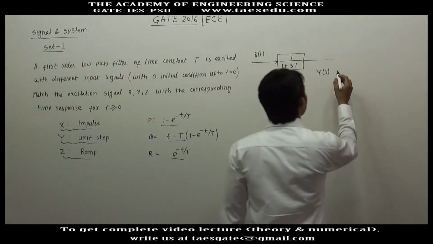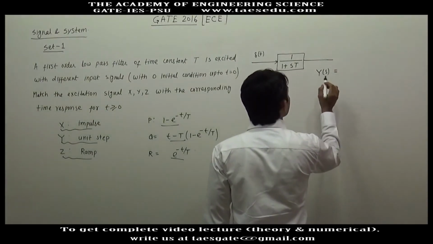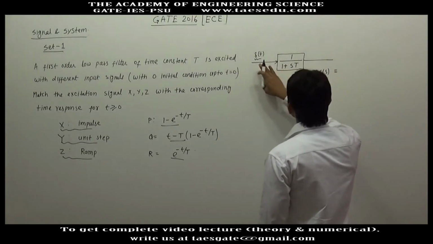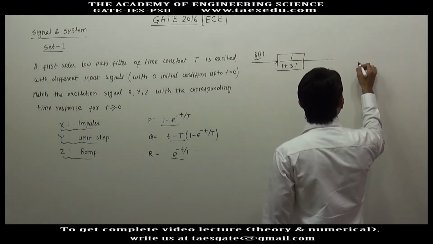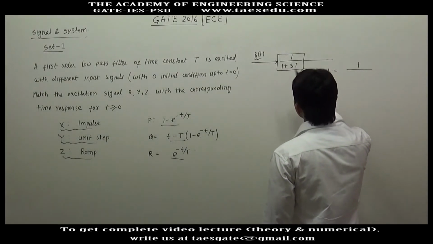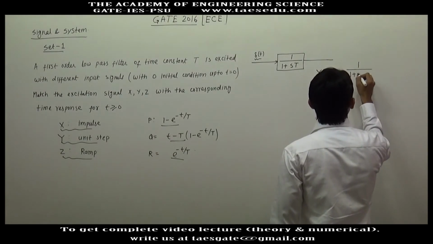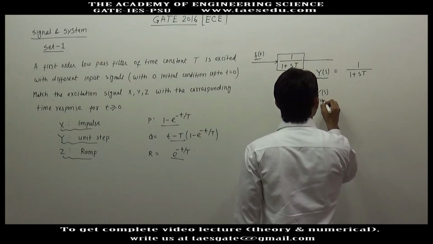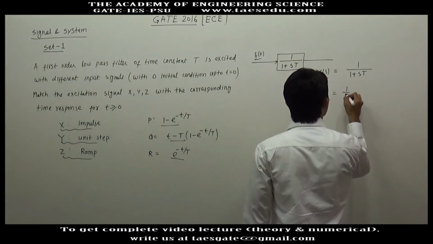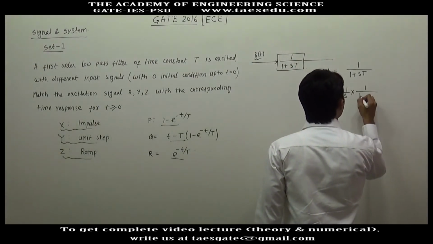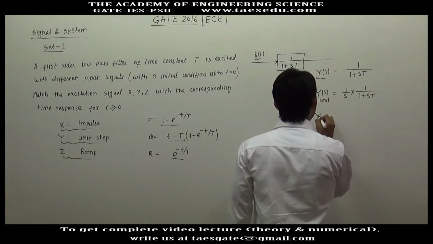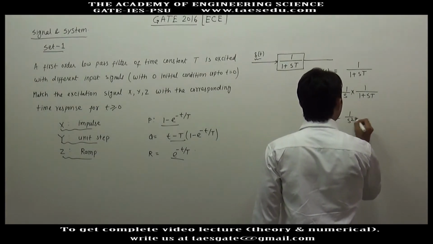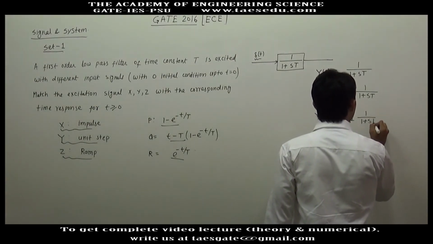So Laplace of output for impulse, Laplace of this is 1, so Laplace of output where input is delta t will be 1 by 1 plus sT only. Laplace of output for unit step will be 1 by s into 1 plus sT, and Laplace of output for ramp will be 1 upon s square into 1 plus sT.